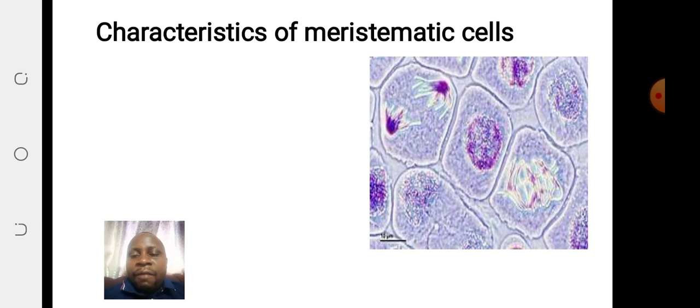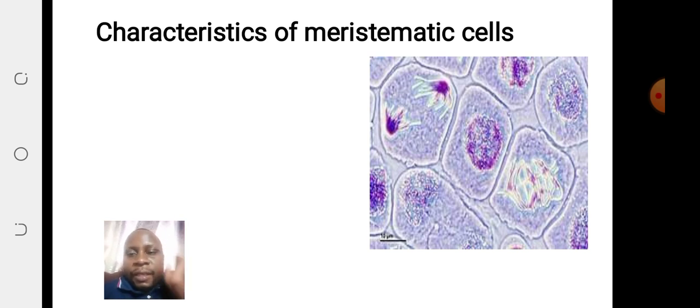Do they have a large vacuole? If you have considered all those areas, we can say, one, that they have a very thin cell wall. Number two, they have dense cytoplasm. You can see almost every part of the cell is cytoplasm. And number three, they lack a large vacuole.